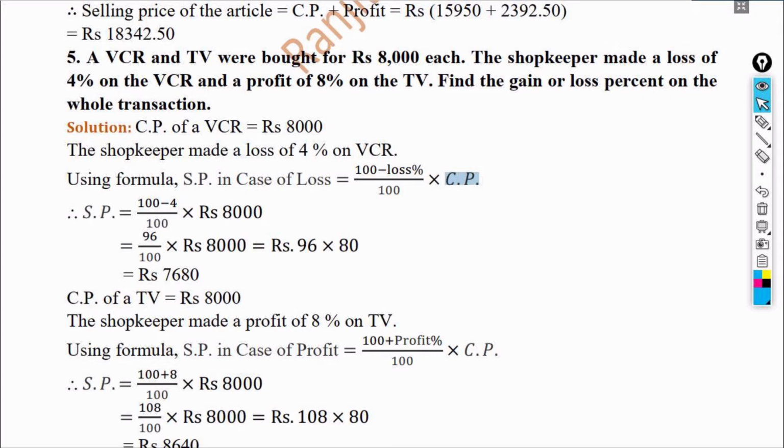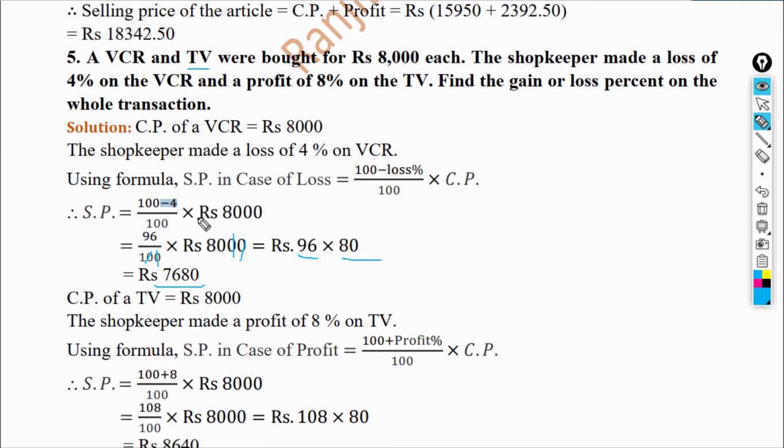Here loss percent is 4%, so 100 minus 4 by 100 into rupees 8,000. Just cancel 2 zeros from the numerator and denominator, and rupees 96 into 80 equals rupees 7680. Now here is the other case for TV.